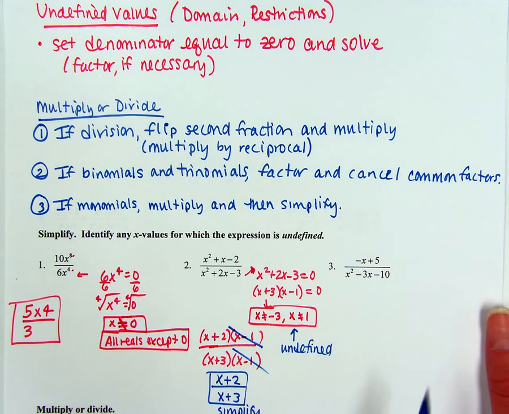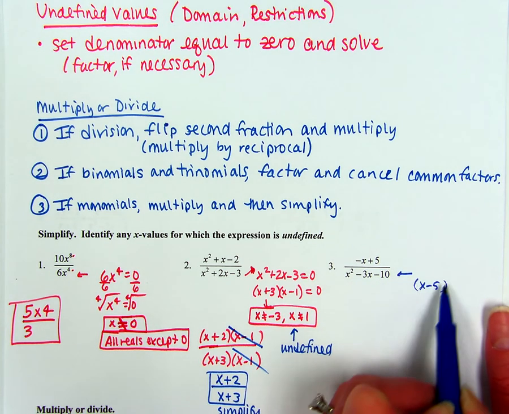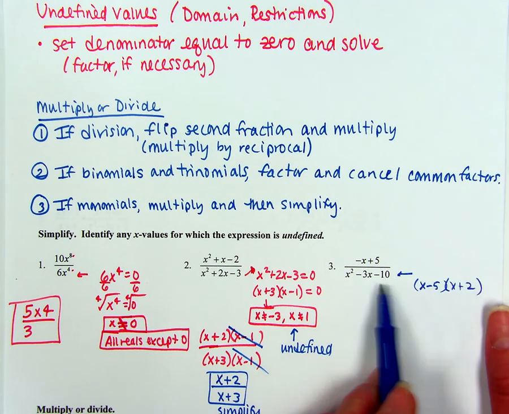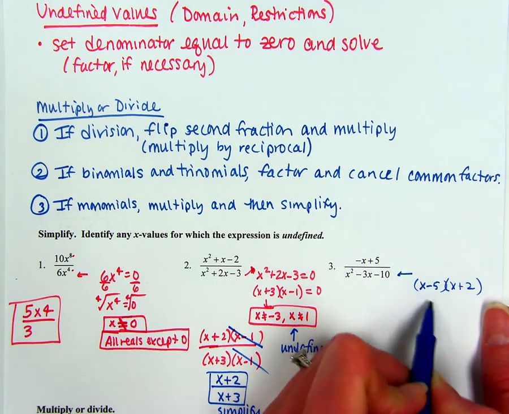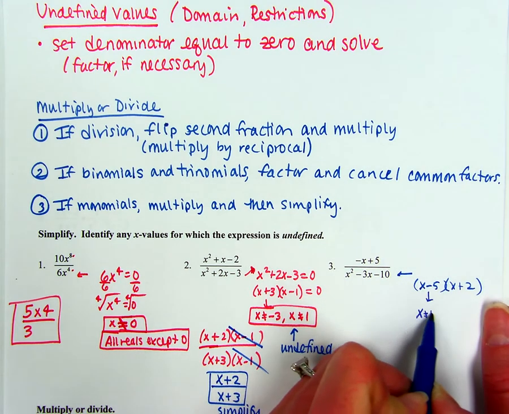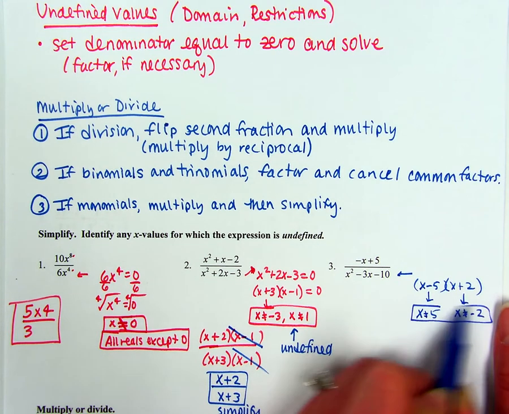All right, last one. So look at my denominator. It's x minus 5, x plus 2, because two things that multiply to -10 that add to -3 are -5 and 2. So I take the opposite, so x cannot equal 5, x cannot equal -2. So those are my undefined values.